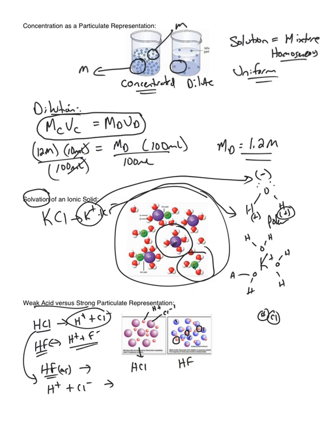We have 1, 2, 3, 4, 5, 6, 7, 8, 9, 10. 10 of them have stayed together as HF, and 3 of them have separated into the individual particles. So if I look at that, 3 particles have separated out of originally 13 particles.